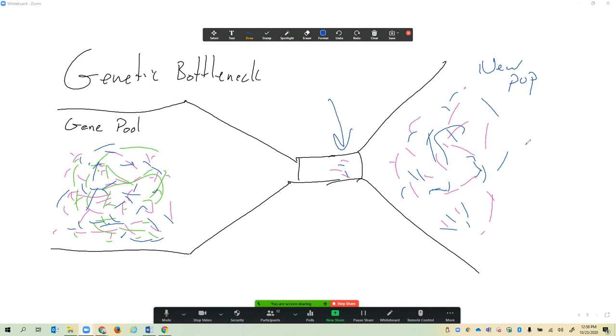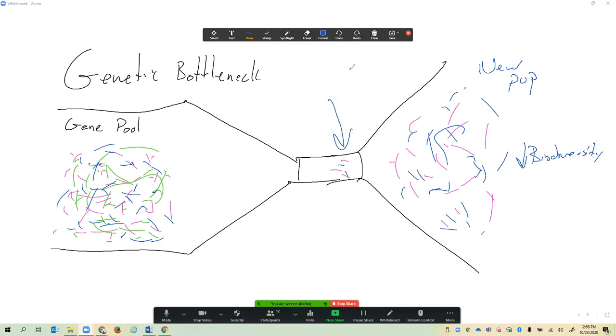It is going to drop the biodiversity, and it actually leads to a very dangerous situation for this population because they are very vulnerable, being all very genetically similar. So if a disease were to come through, it could wipe them all out because they all have pretty much the same genome.